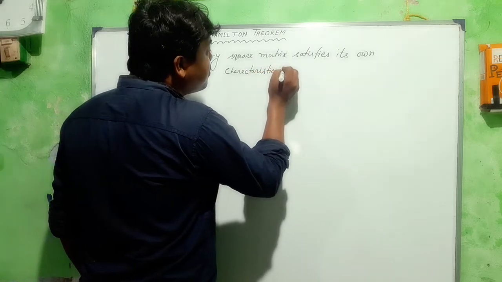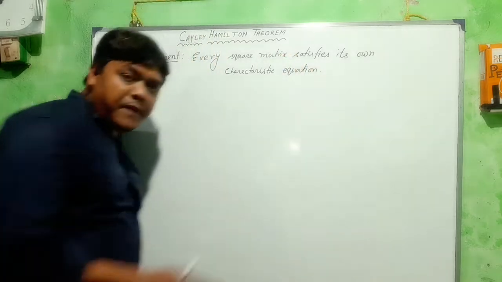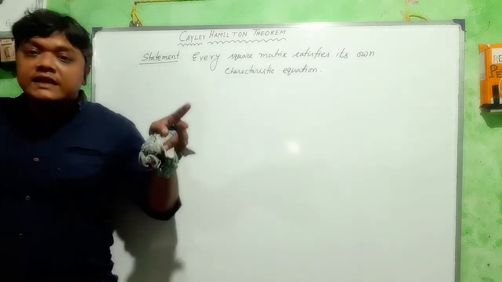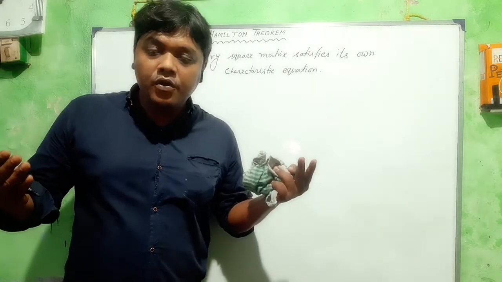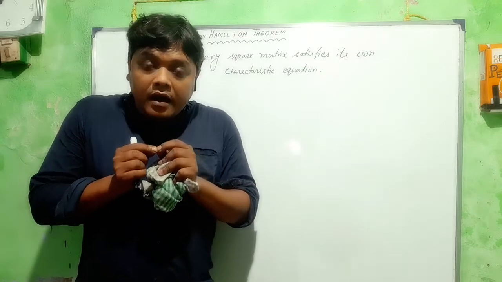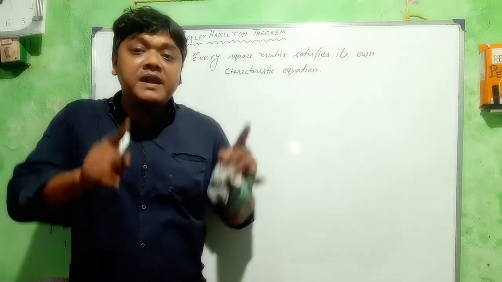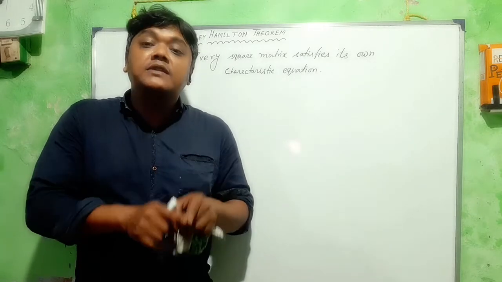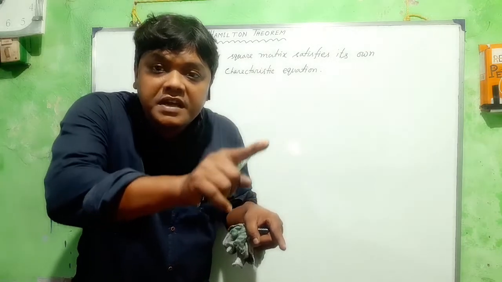What does it mean, own characteristic equation? That means if any matrix A is given to you, then you can easily calculate the characteristic polynomial or characteristic equation. After determining the characteristic equation, the given matrix satisfies that polynomial. That means the matrix is also a root of the characteristic equation.